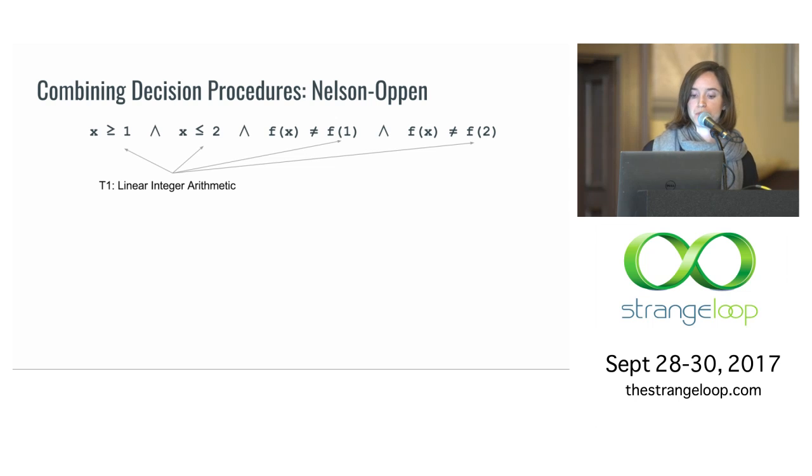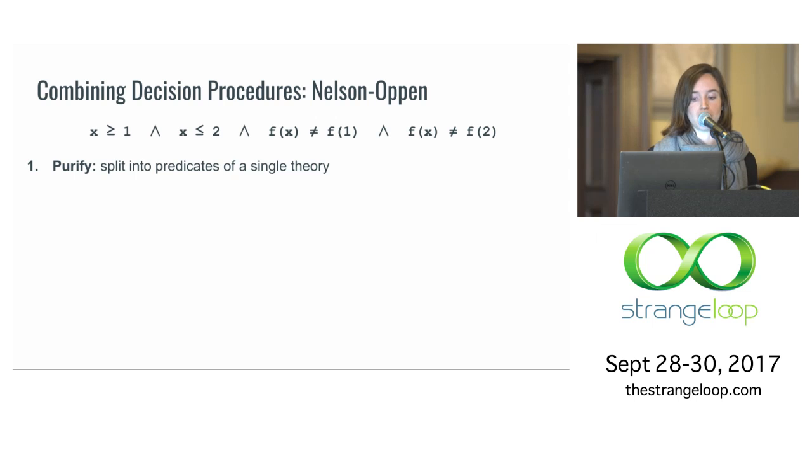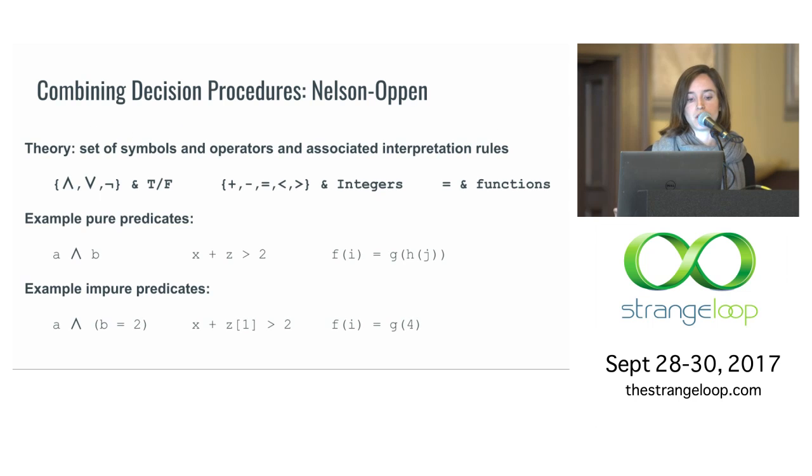Back to our example, we see that all of these involve something from the theory of linear integer arithmetic, and the second two also involve symbols from unevaluated functions. So our first step is going to be to purify into predicates of a single theory. Before we do that, let's backtrack for a second and ask, what's a theory?